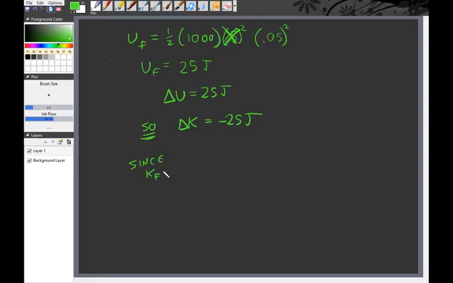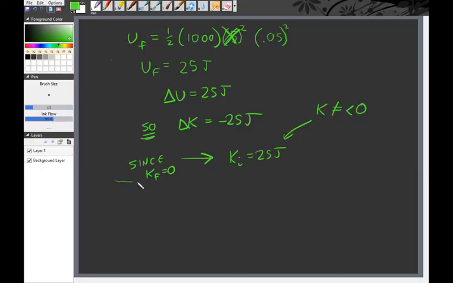Since the final kinetic energy is 0, we can automatically know that the initial kinetic energy was positive 25 joules. And guys, this is very lucky because kinetic energy cannot be less than 0. You can't have a negative number for kinetic energy, okay?